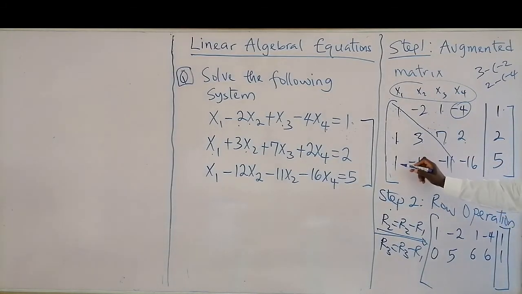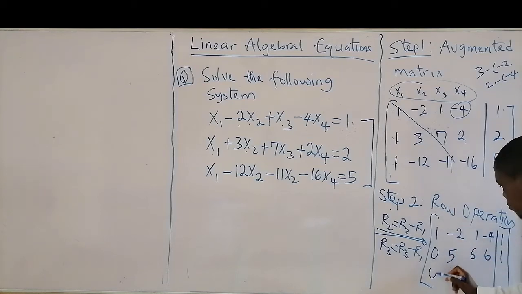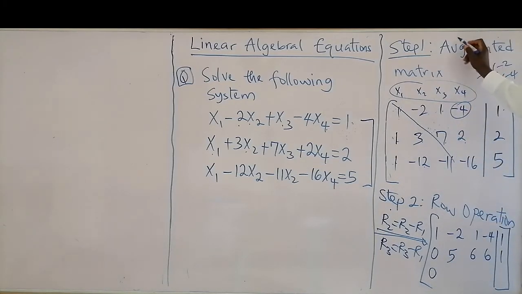Then row 3: 1 minus 1, that's 0. Minus 12 minus minus 2, that's minus 10 here. Then minus 11 minus 1, minus 12. Minus 16 minus 4, that's minus 12 here also. Then 5 minus 1, that's 4.